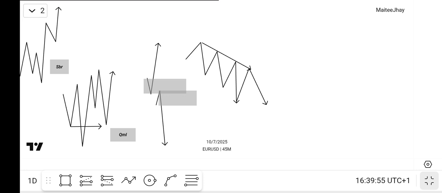Know the structure of the market first. Understanding the logical part of your strategy is the key. Then you study the structure of the market. Then know your key levels.